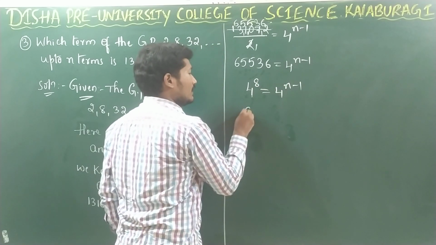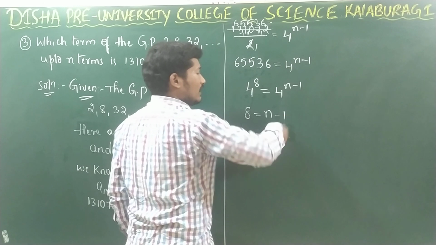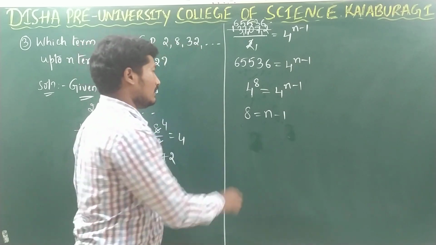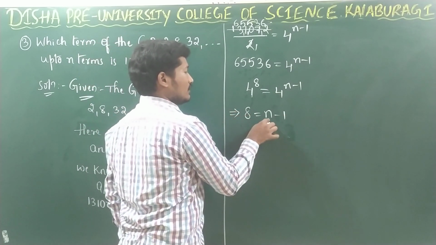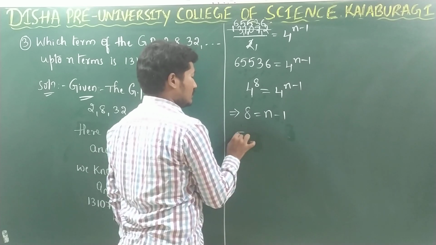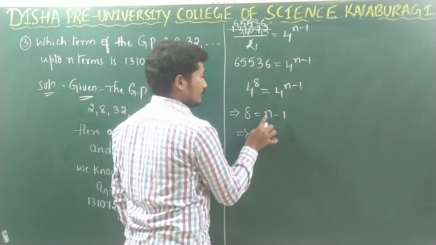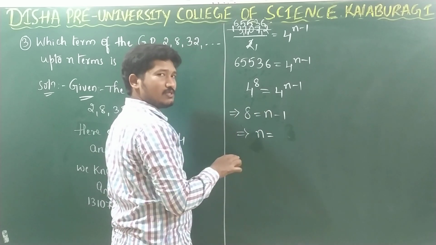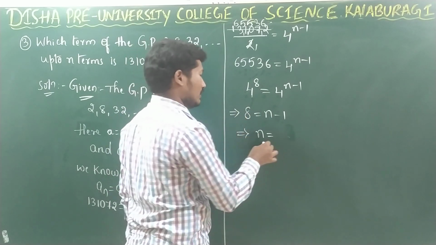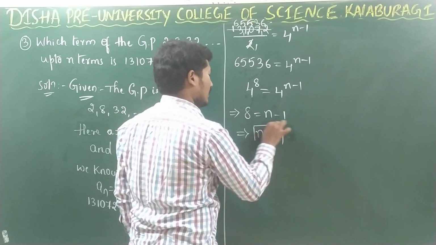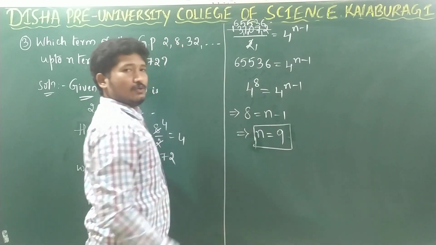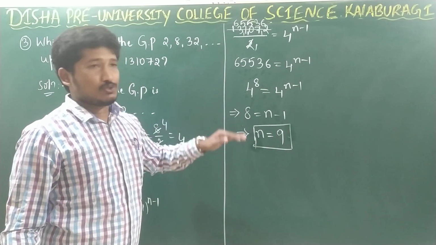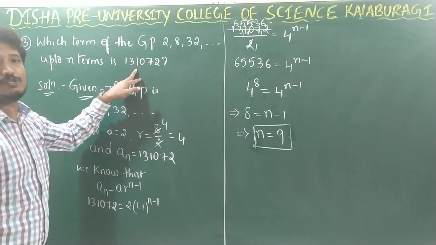So here what we will get? 8 is equal to n minus 1. Right? This implies that 8 is equal to n minus 1. So this implies that n is equal to, transfer minus 1 to this side, it becomes 8 plus 1. 8 plus 1 is what? 9. So this is the value of n. So at what position is this term present?